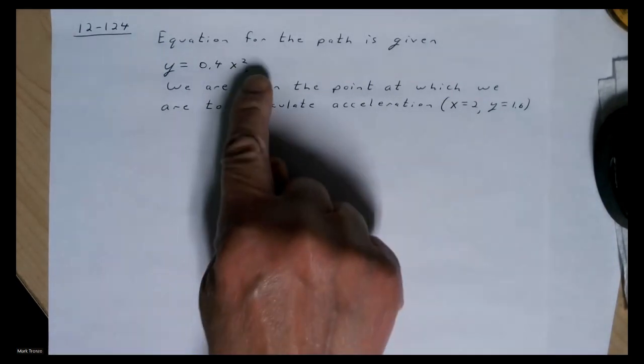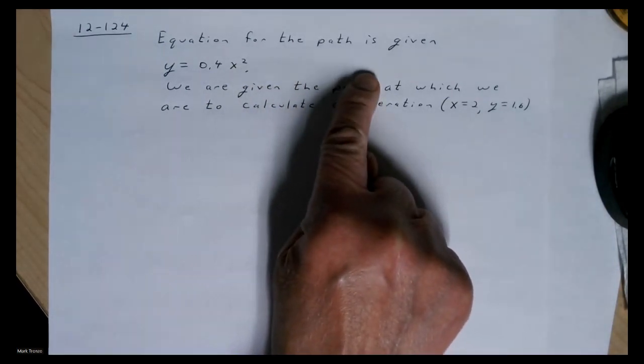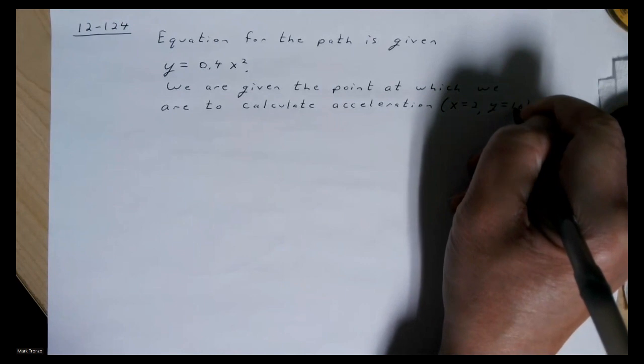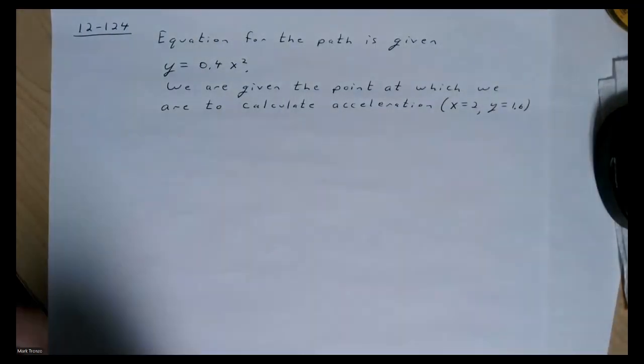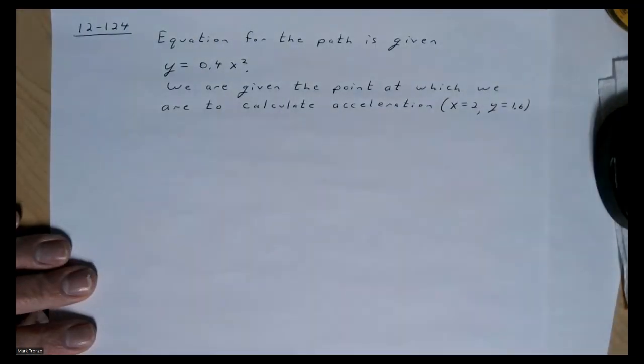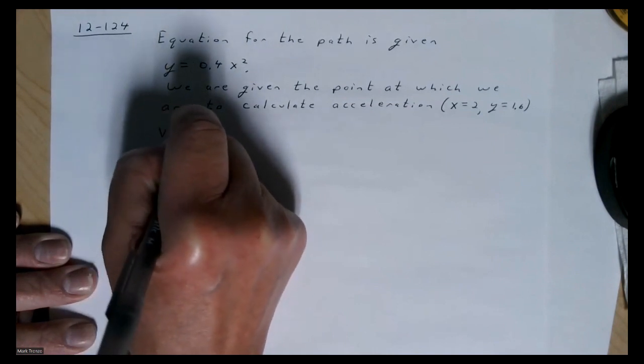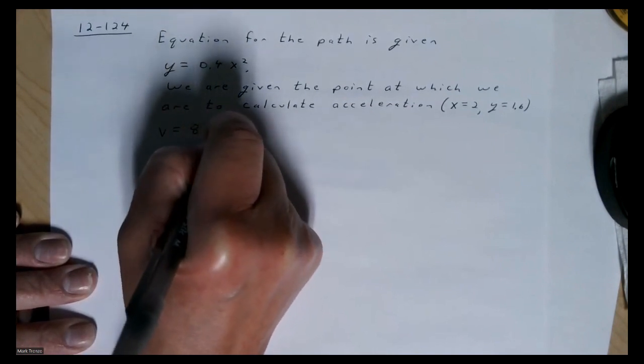So notice that the equation for the path is given by y equal 0.4x squared. And we're also given the point at which we're to calculate the acceleration, x equal 2 and y equal 1.6. And we're also given the velocity, 8 meters per second.